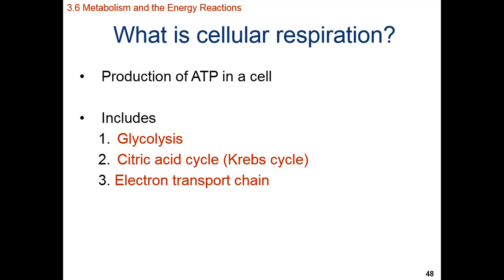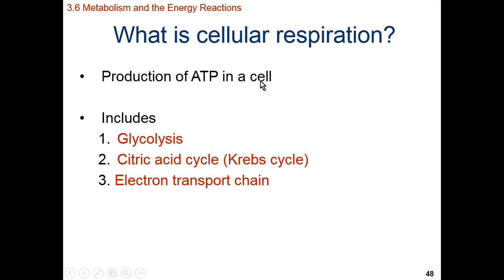Next, we're going to talk about cellular respiration, and this is a topic that many students find quite intimidating, particularly if you take human physiology. We spend lots of time grinding through cellular respiration. In this class in human biology, we're going to be briefly skimming over the highlights. In general, cellular respiration is a term that refers to how we make ATP, adenosine triphosphate, within the cell.